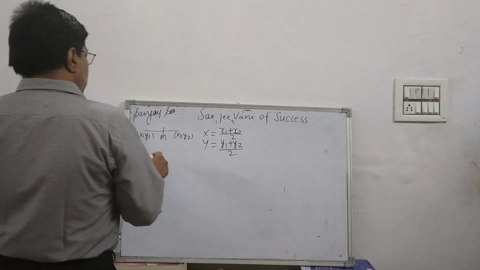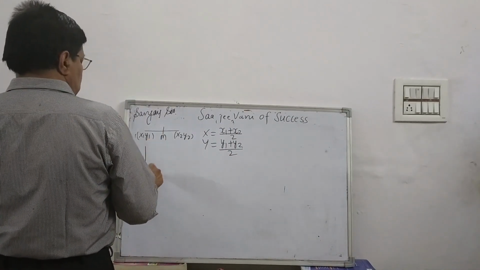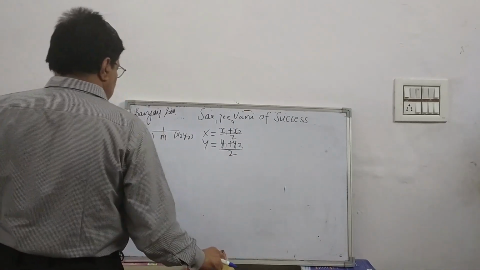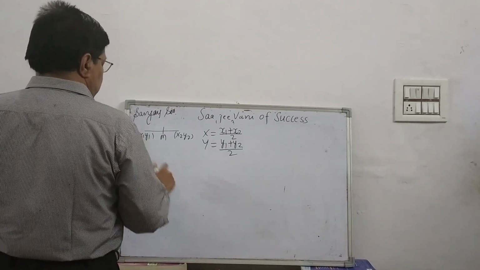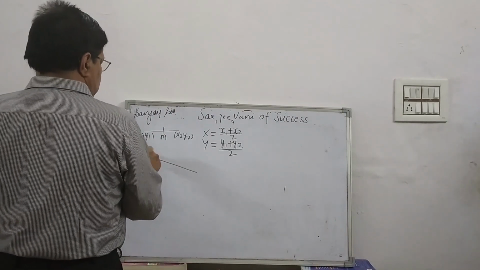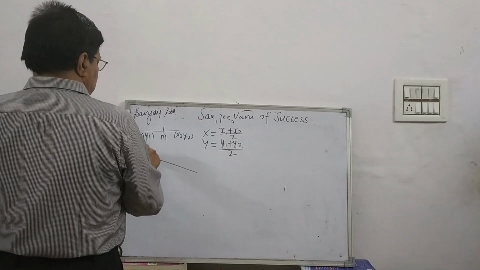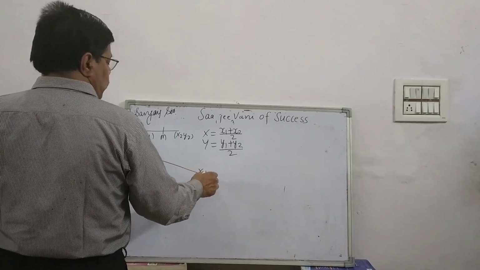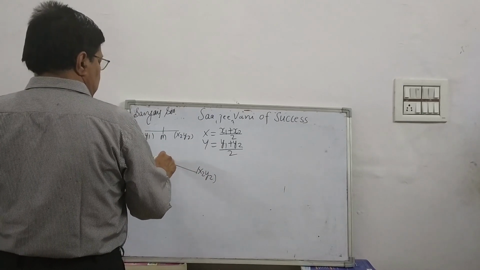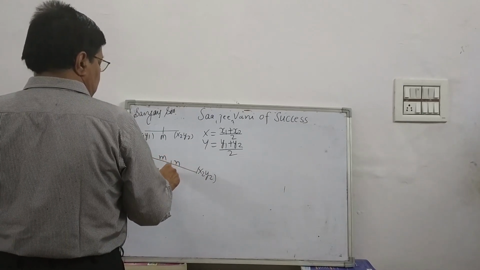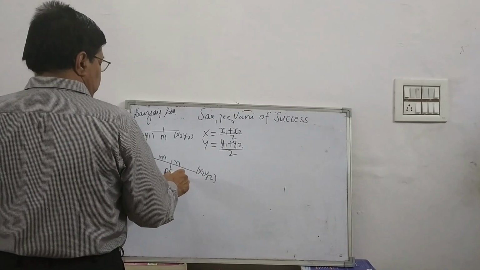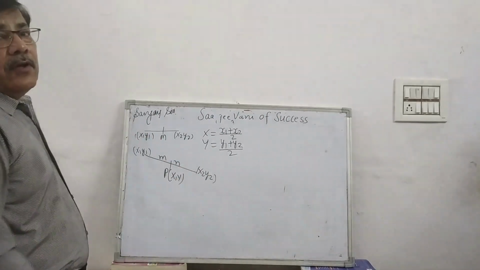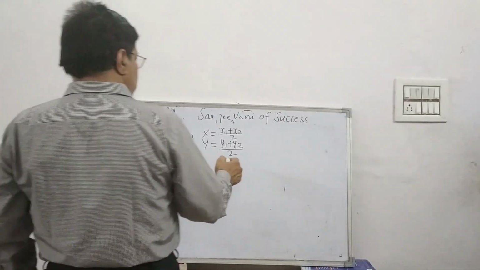Okay, now suppose there is a line, and a point is there. This is x1, y1, x2, y2, and a point P divides it in the ratio m:n. You have to find out the value of x and y. So how will you find out?